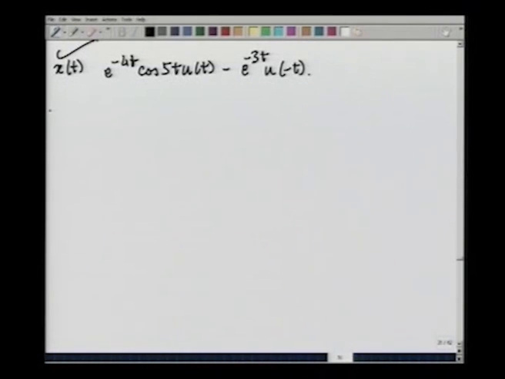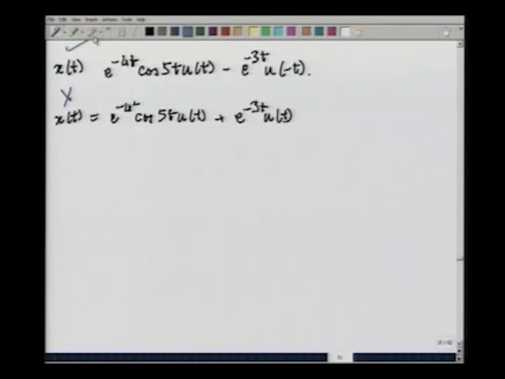The possibility we have just considered before was this one, which was x(t) equal to e to the minus 4t cos 5t u(t) plus e to the minus 3t u(t), which turned out to be not what we wanted, but what we just did now was the case. So, this was, I think, marked with this color, and then there are two more possibilities.